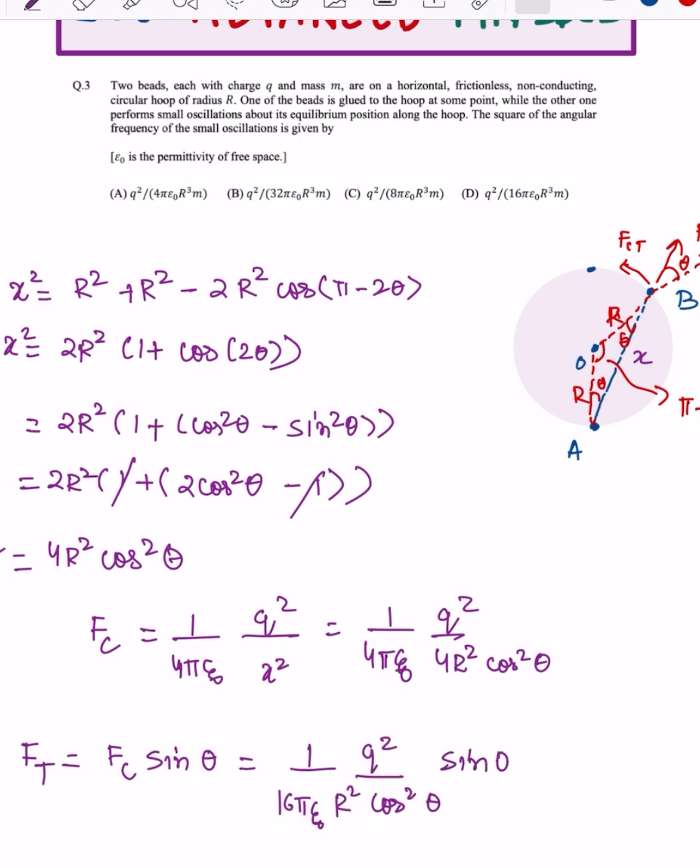Now you have this answer. Now for the small approximation, you can say small oscillation, which means cos theta is 1 and sin theta is theta. So now let's see how our force changes.